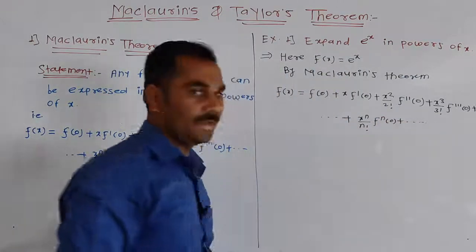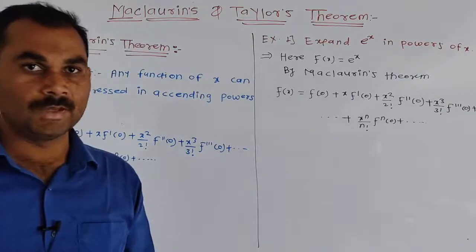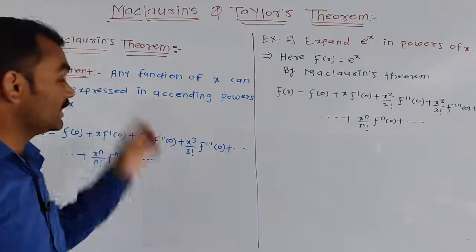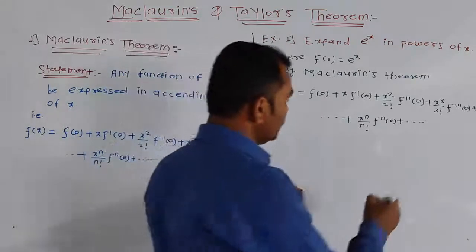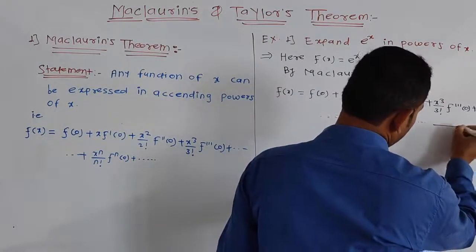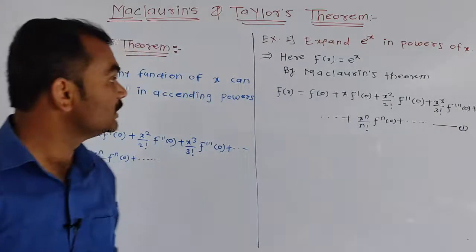This is your infinite series. We have to write this f of x as e raised to x, correct? Suppose this is your equation first.